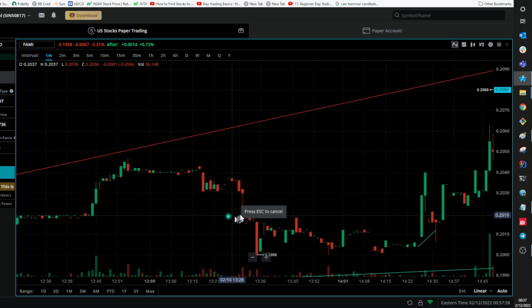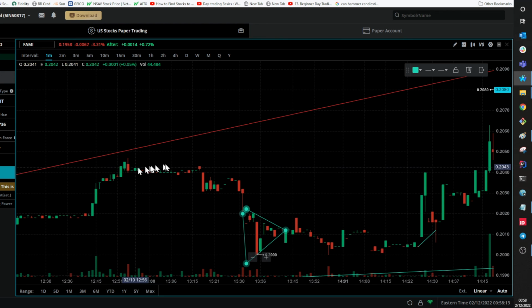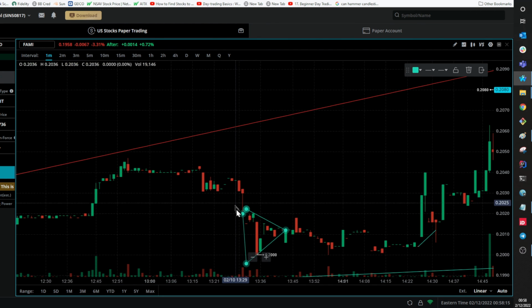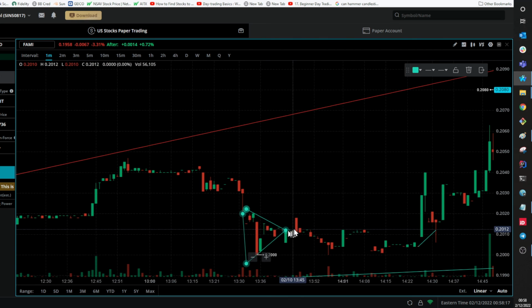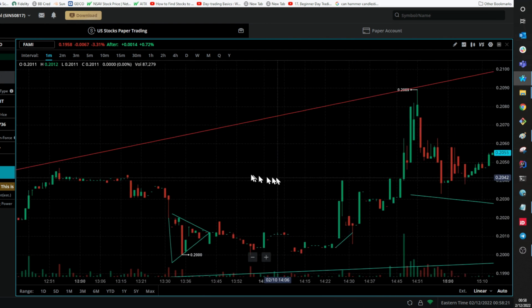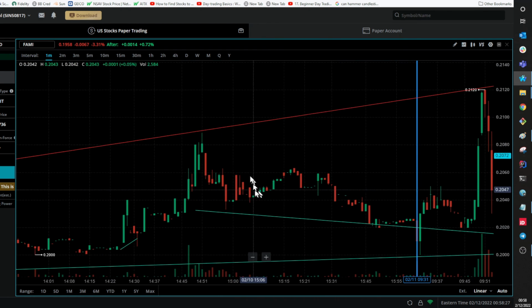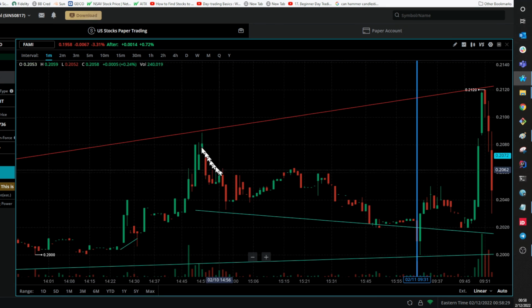Here might be one. Another triangle. This one could be almost like a reversal pattern. It was coming in, descending, went into the triangle, came out sort of ascending. Could be a reversal pattern. I think this might be another triangle, perhaps.